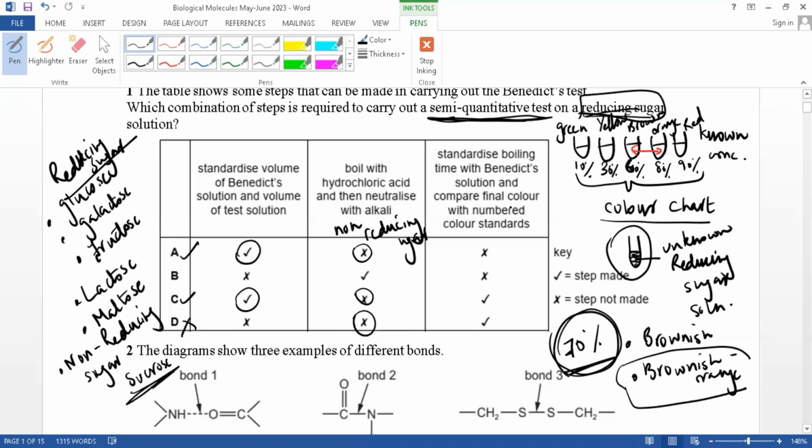And as soon as we get a final color, we compare it with the numbered color standards, the color chart which we have made. So this option is correct, and the one written as wrong is wrong, because we will do this. These two give the correct answer for these two columns, so our answer is C.